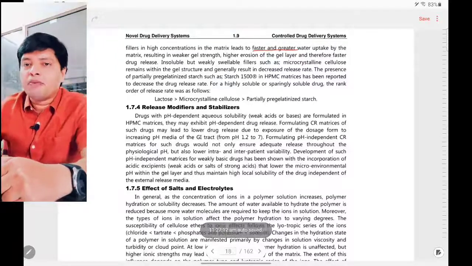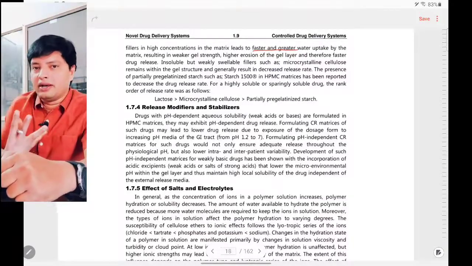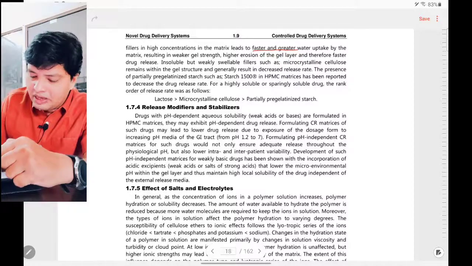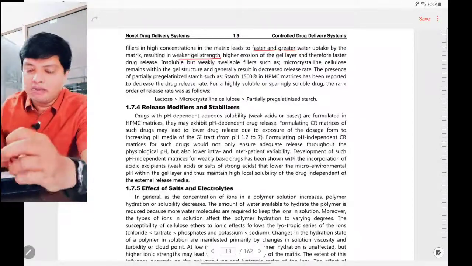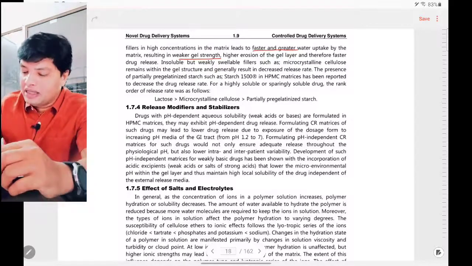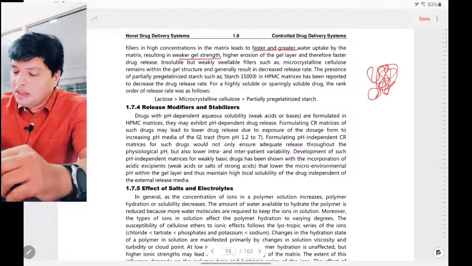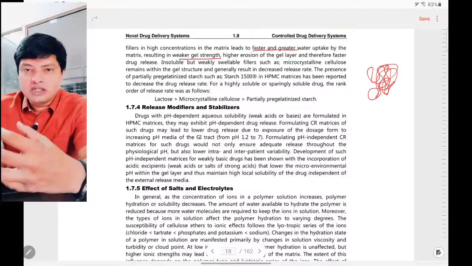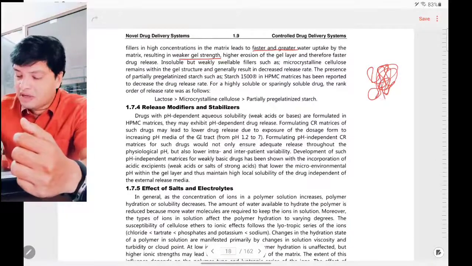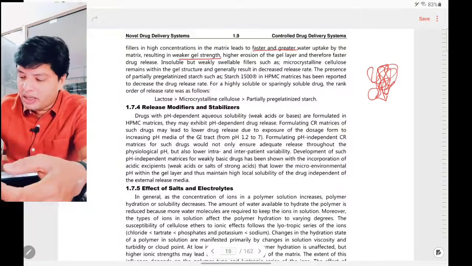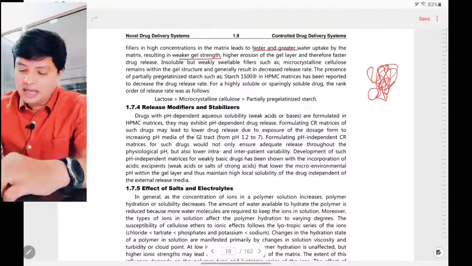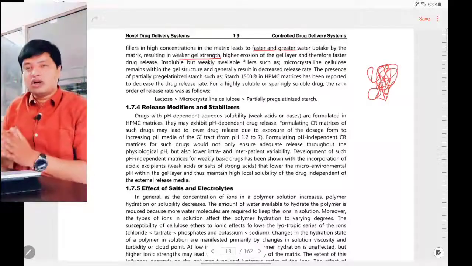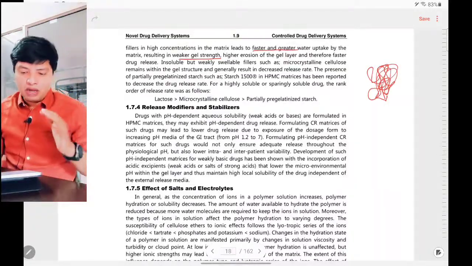There will be no time for that polymer to get swollen. So there will be weak gel strength. Whatever gel is formed by that polymer will be very weak in this system. We want the gel strength of the polymer to be more because it will retard the release of the drug. If the gel strength is not there, it won't retard the release of the drug, hence it causes problems in designing. So try to avoid soluble fillers if your polymer is also hydrophilic.